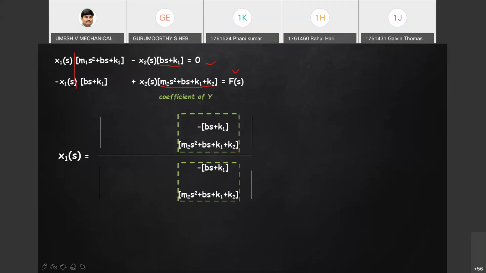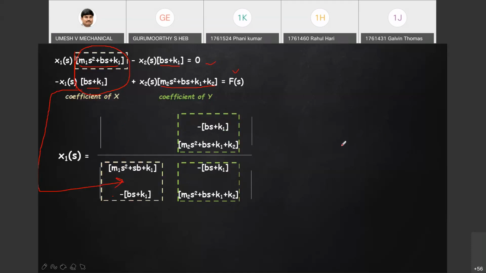Like I said, 0 and f in the numerator, denominator square, ps plus k1, ps plus k1 here. So this is how you get x1. Other things are the same.